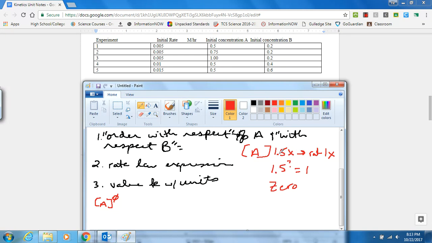So you see what I'm doing is I'm putting this stuff in words. You can't just say this right here, that's my answer. Okay? I have to say I'm holding B constant. I'm using experiment 1 and 2. This is what's happening to this concentration. This is what's happening to my rate. Therefore, it is whatever order.